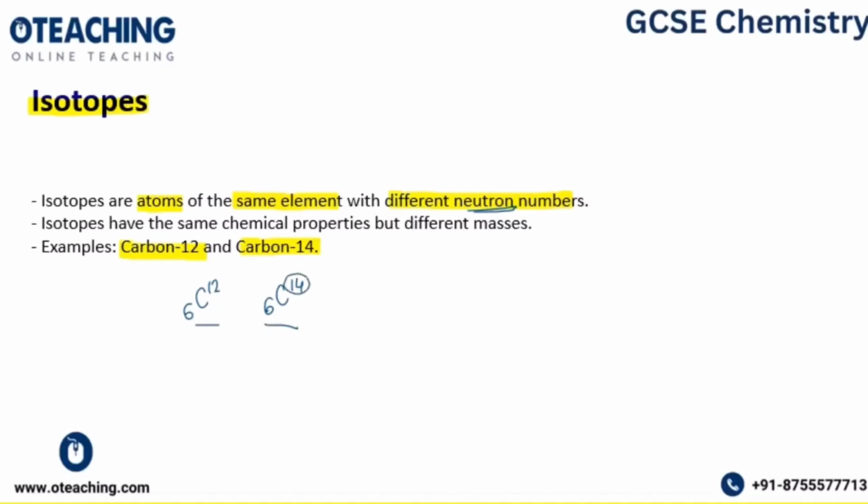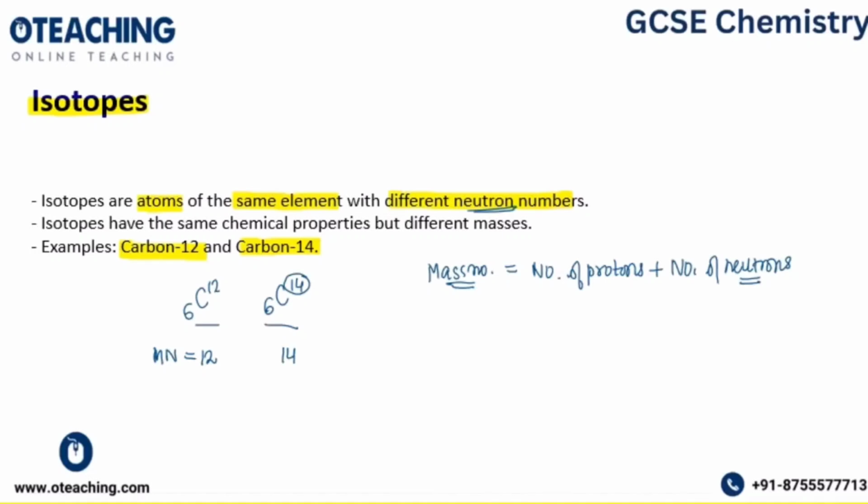If the mass number is different, remember that mass number is equal to the number of protons plus the number of neutrons. So if the mass number is different, the number of neutrons would also be different. Here the mass number is 12 and here it is 14.